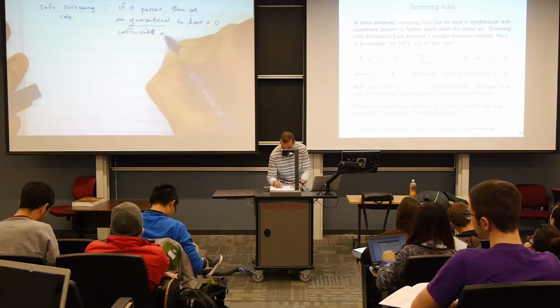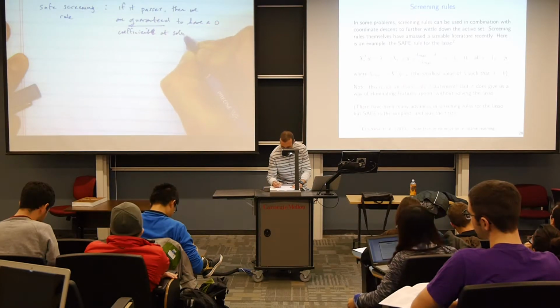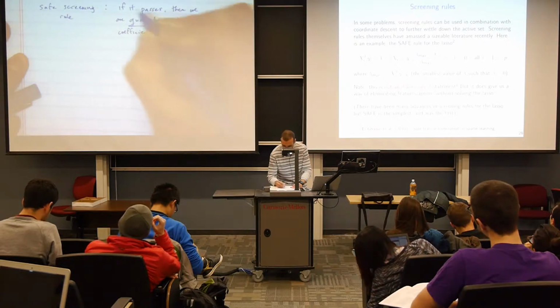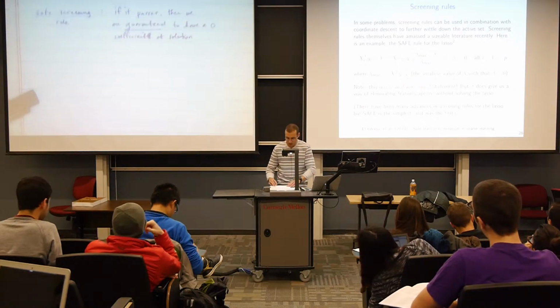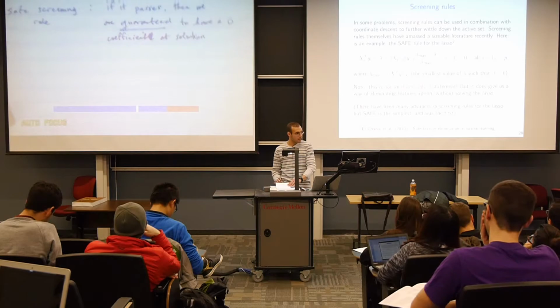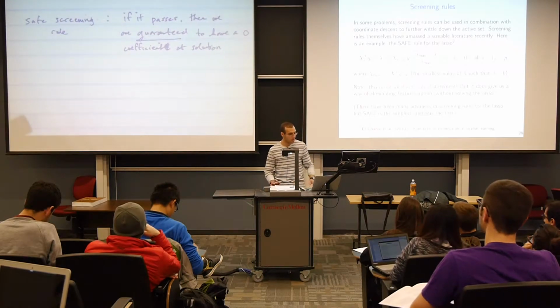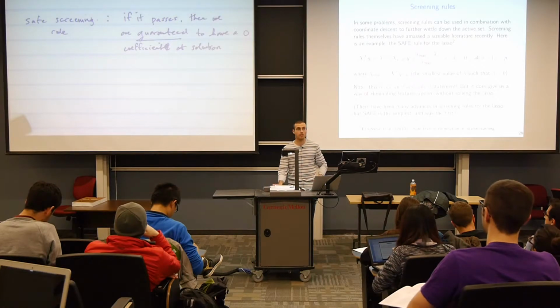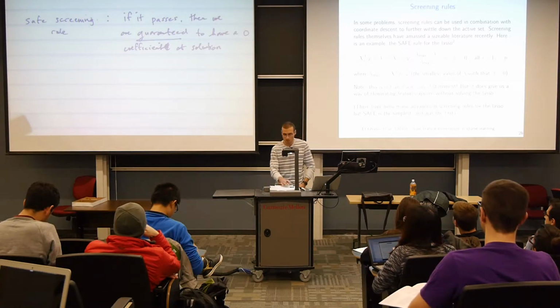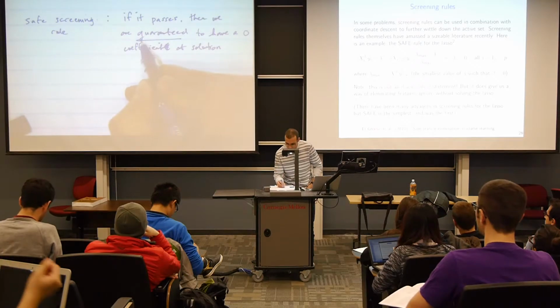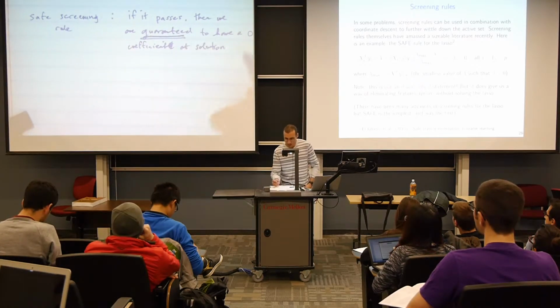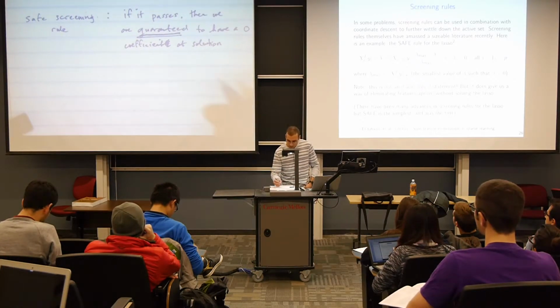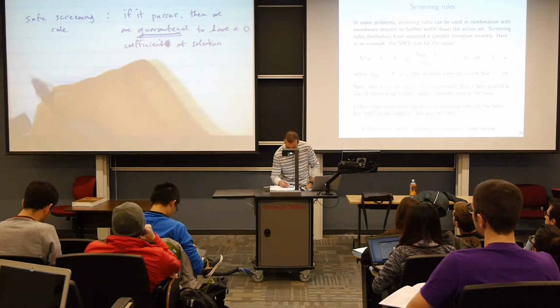So safe just means that I can safely eliminate features. I'm never going to be declaring that a coefficient should be 0 at the solution, but it actually ends up being non-zero. That would be something that's not safe. So safe just refers to this property that I'm mathematically guaranteed to have a 0 coefficient at the solution. Now there are non-safe rules.